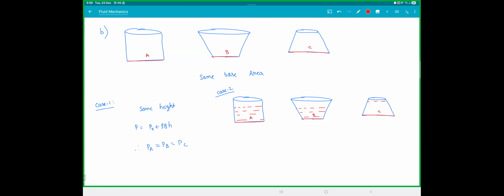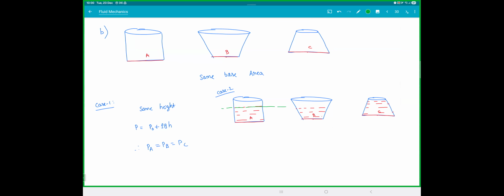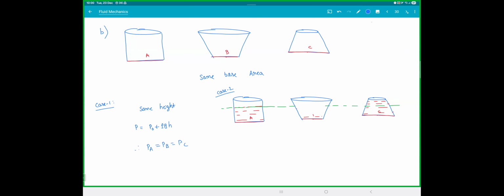And C's height will definitely be more because it is getting narrower on the top. So if you take this as a reference, you can clearly notice the heights will be different. So the highest pressure will be PC, then the next will be PA, and the last will be PB. Got this?